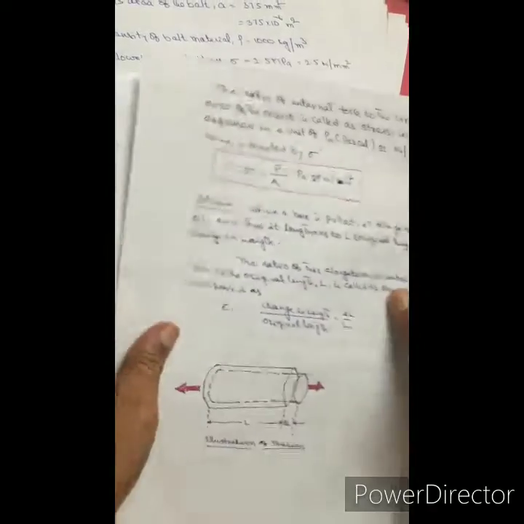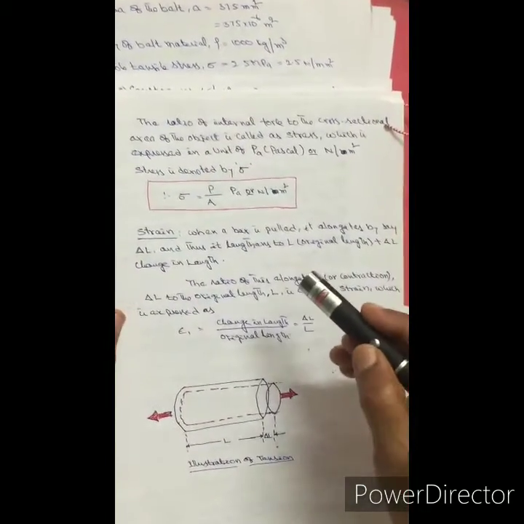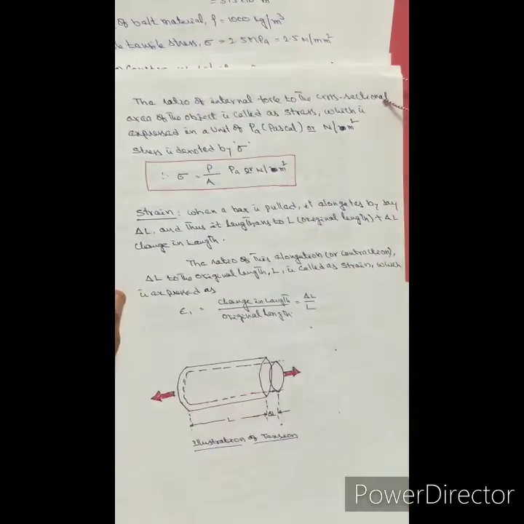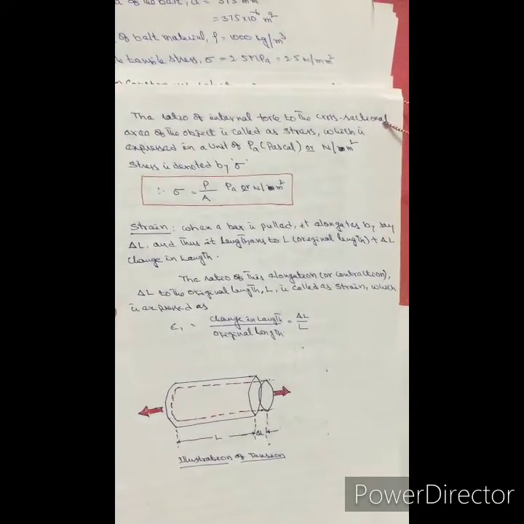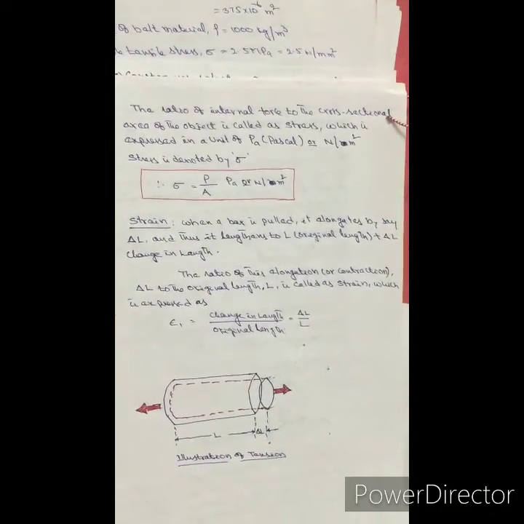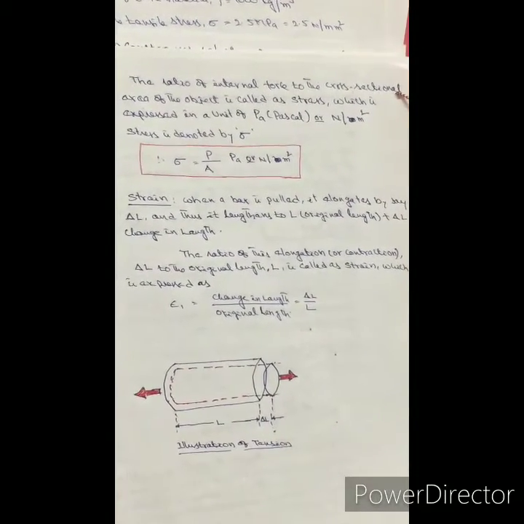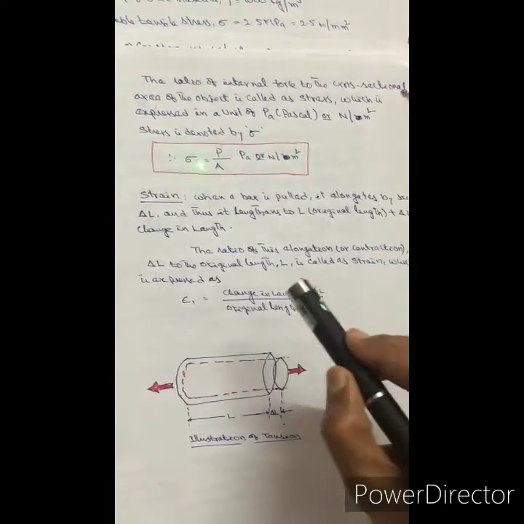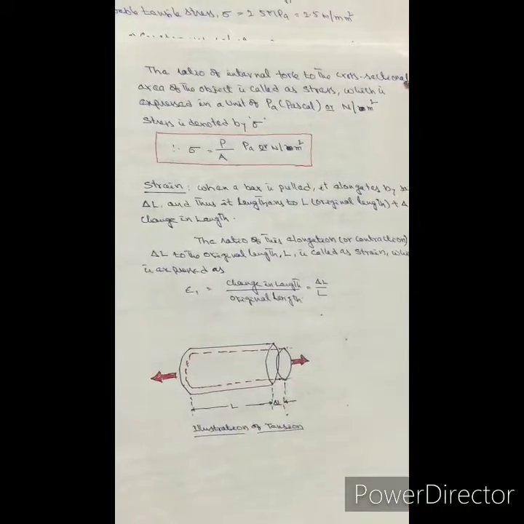Stress is the ratio of internal force to the cross-sectional area of the object, expressed in Pascal, that is Newton per meter square. Stress is denoted by sigma, where sigma equals load divided by cross-sectional area.